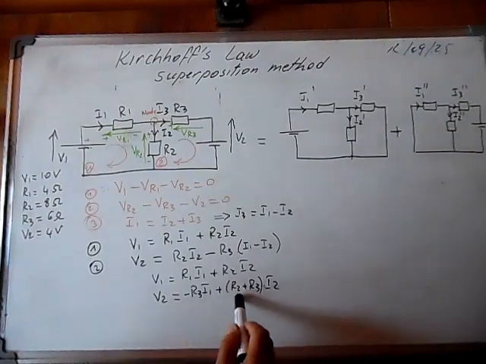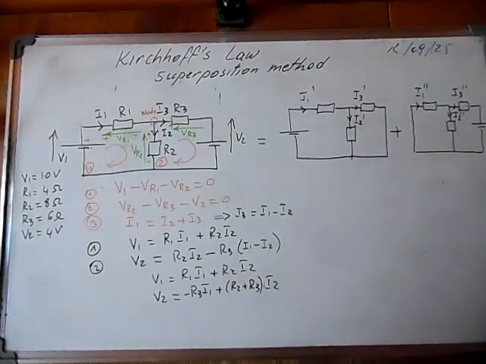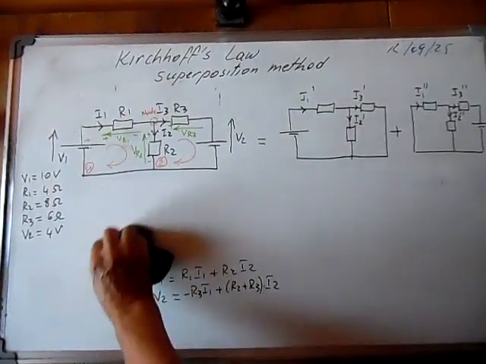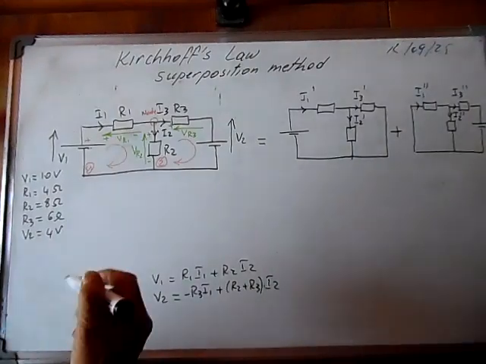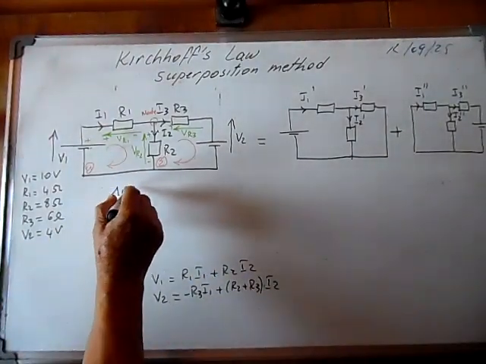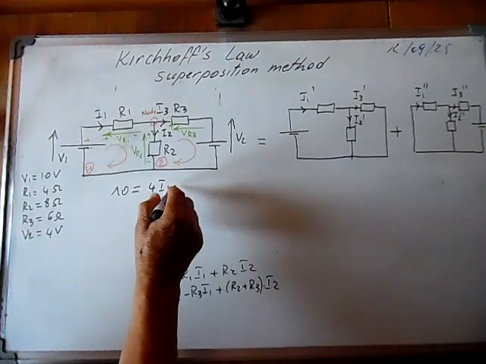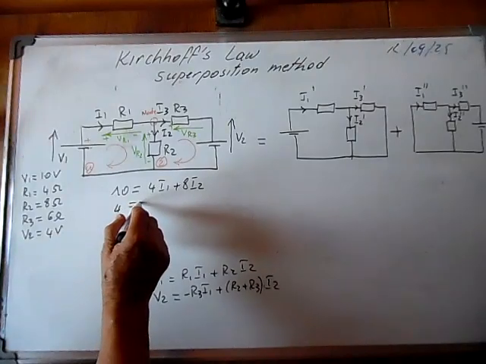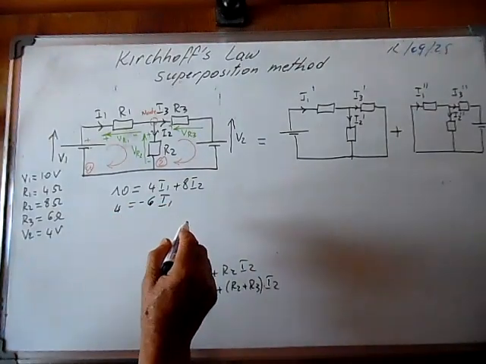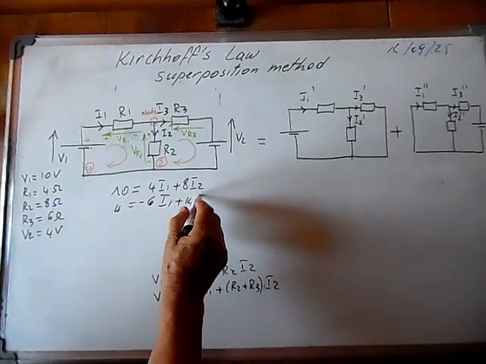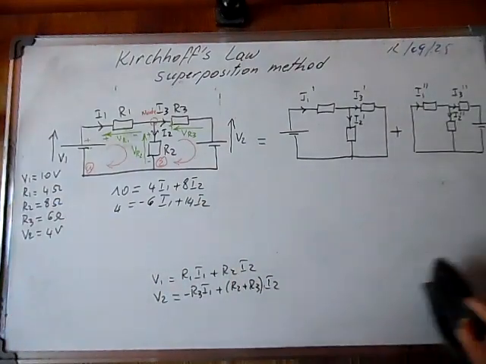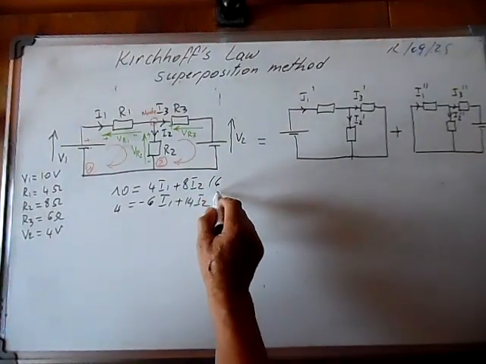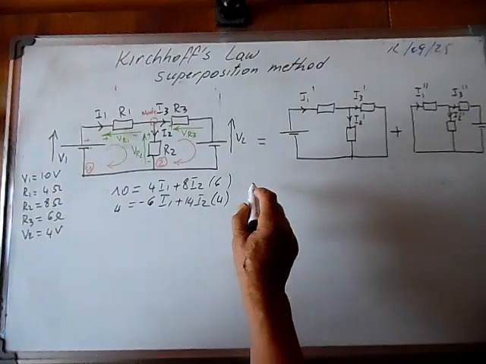Now, numerically, coming back to these equations, we introduce numerical values. We have 10 volts is equal to 4I1 plus 8I2, and 4 is equal to minus 6I1 plus 14I2. And now we'll try to solve these equations, multiplying by 6 here and 4 here. We can calculate I2.